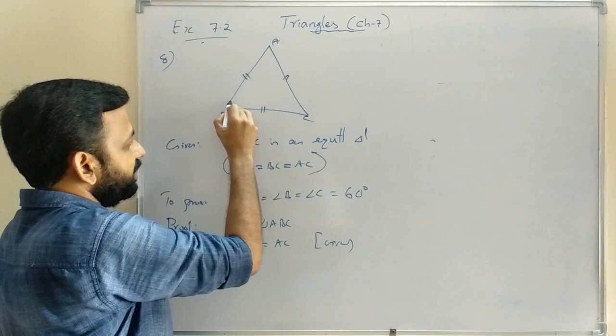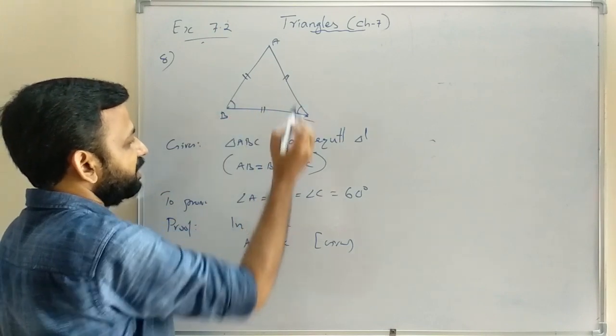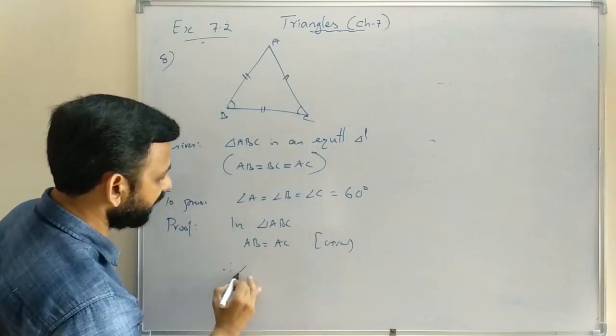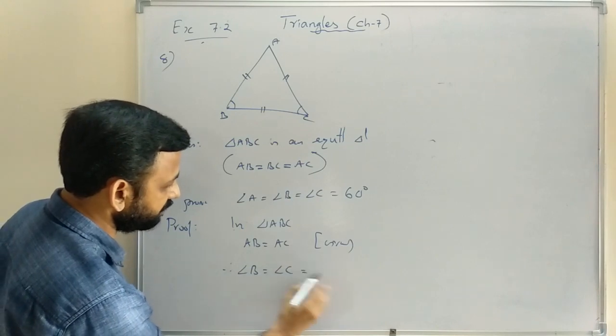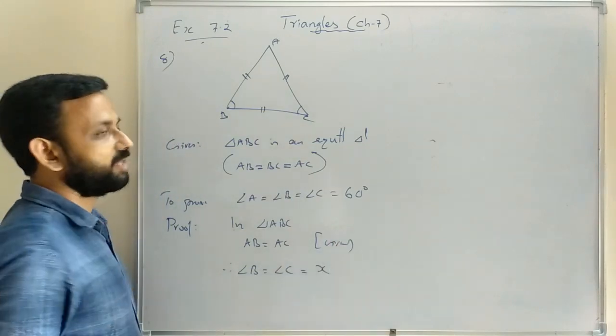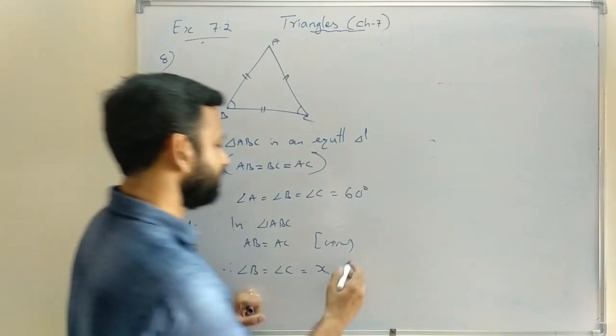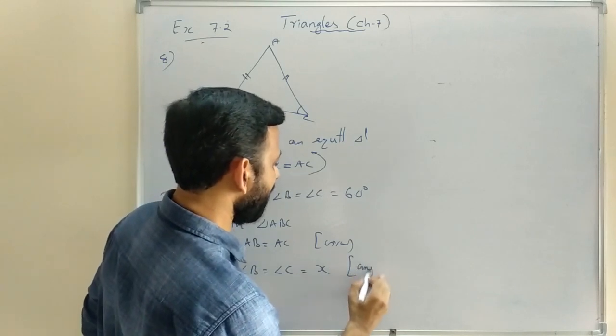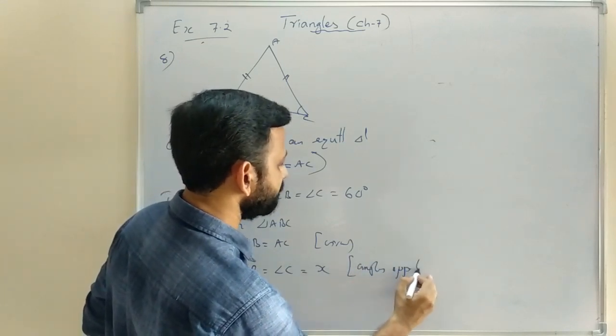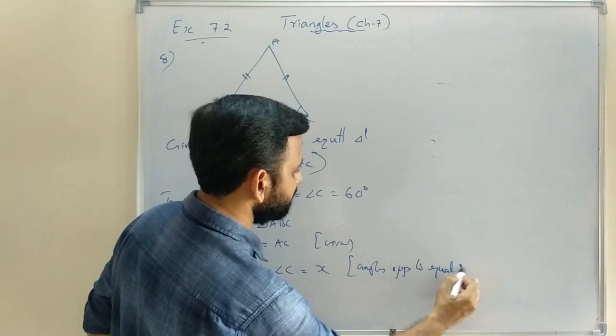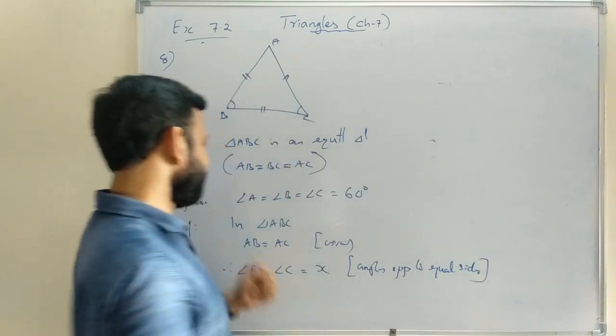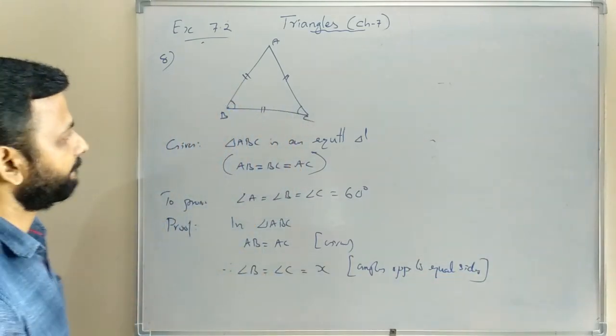If AB equals AC, then angle B and angle C are equal. Therefore angle B equals angle C equals x. Reason: angles opposite to equal sides are equal.